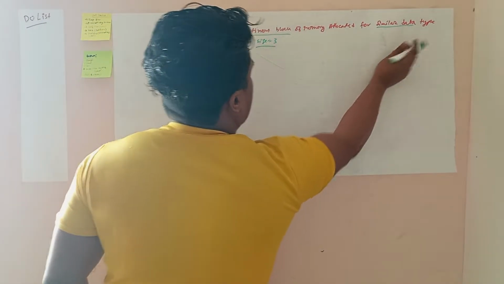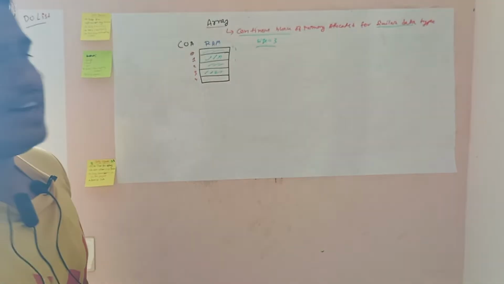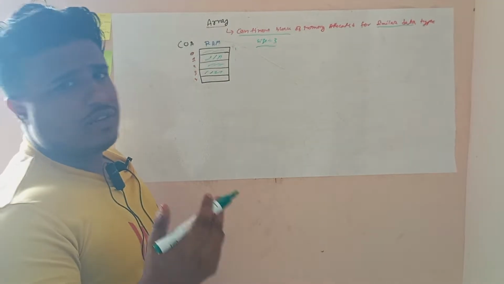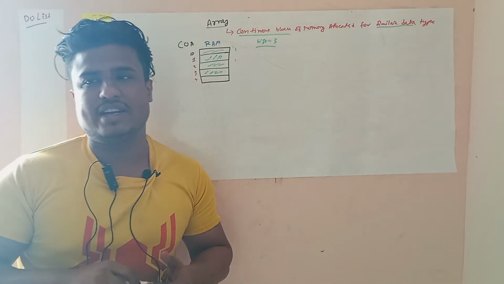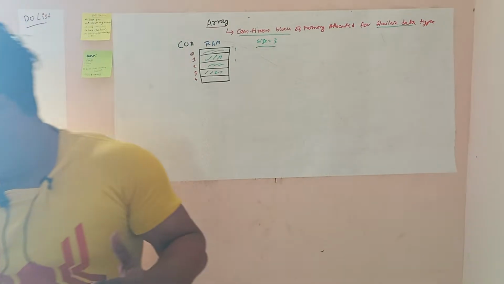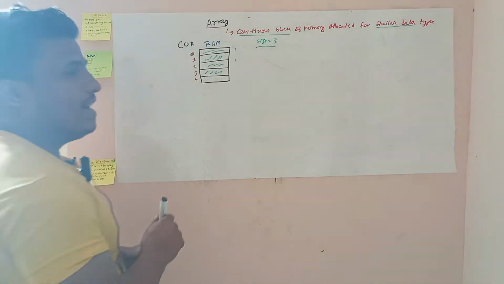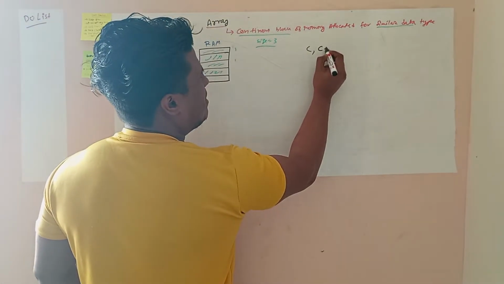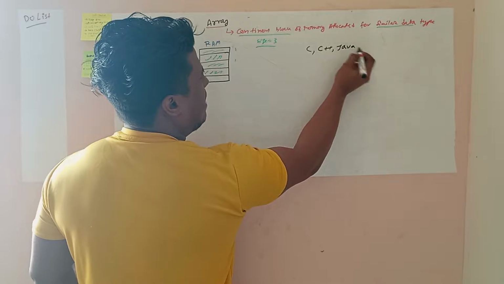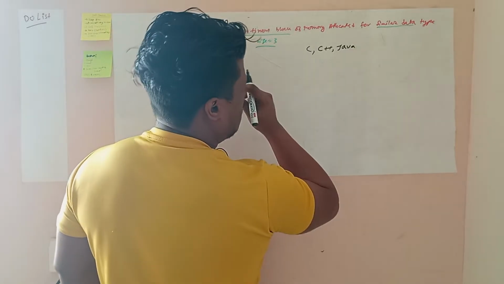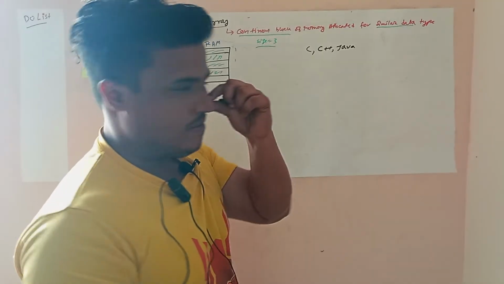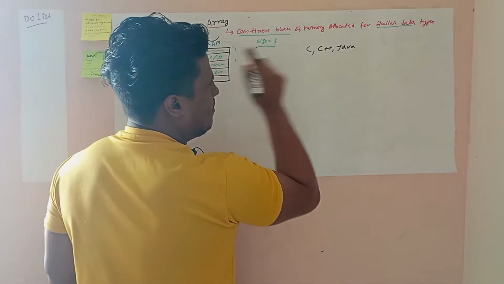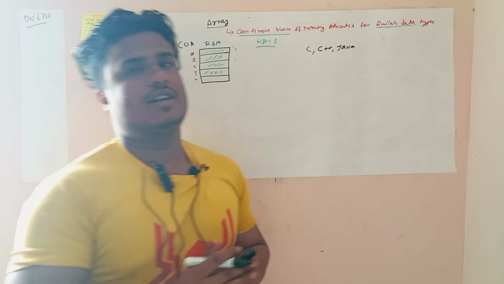Also there are two terms, similar data type. What do you mean by similar data type or dissimilar data type? If you have gone through any programming language like C, C++, Java, Python, let's say Java, they have primitive data types. What do you mean by data type here? Let me clear it out.